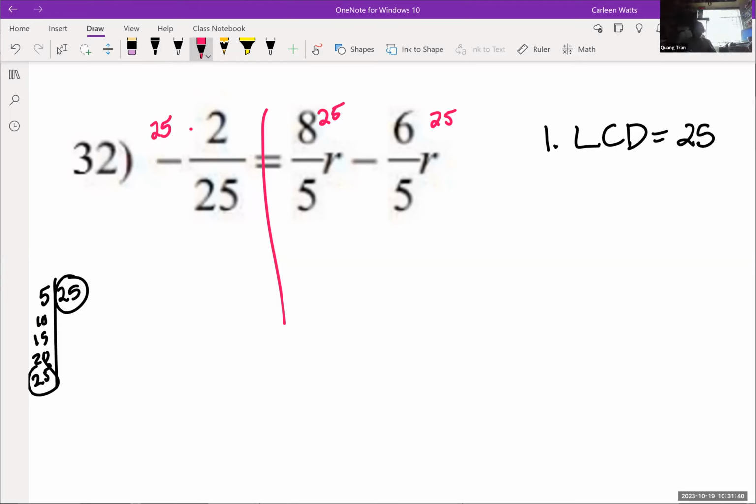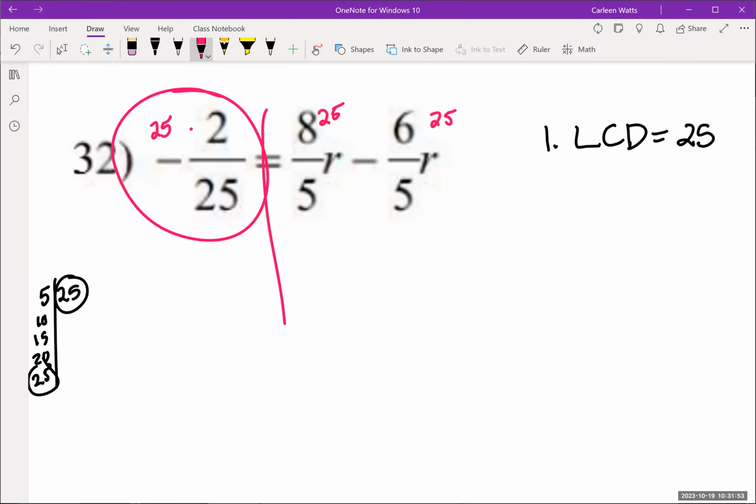So this one at least has fewer terms. Okay, what's my next step? What do I do if I have a 25 on top and a 25 on the bottom? What's 25 divided by 25? 1. Okay, so that's gone. Yay, we like gone. Okay, how about this one?